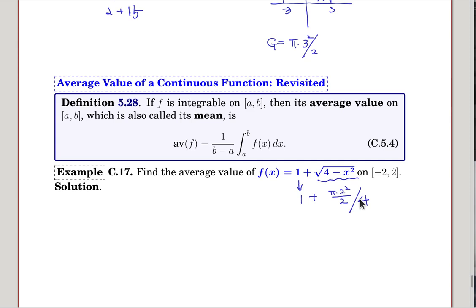So you can simplify this one quite easily. In fact, if we finish the computation, the first portion is 1, the second portion is now pi over 2.